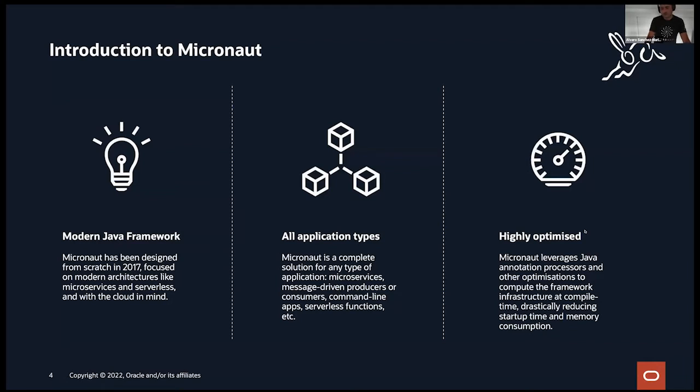So Micronaut, for those who never heard about it, there are like 3 main ideas I would like you to get out of this presentation. The first one is that Micronaut is a modern Java framework, and by modern I mean that it was designed in 2017, and that's really important because we could focus on the type of applications that were developed in the recent years, right?